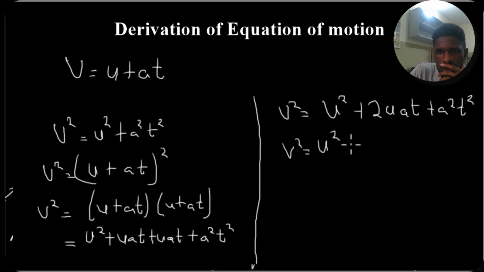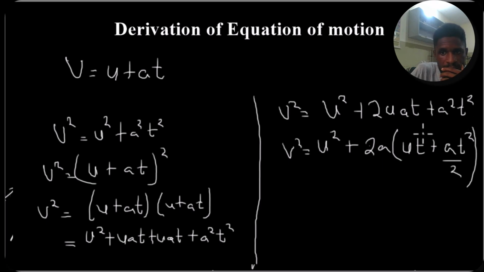Doing that, I can say what is common to this side here. Let me bring out a. So a is common, 2 is also common, so I can say 2a, and bringing it out I'm left with ut plus, because this guy doesn't have 2, I'm still left with at squared, and then I have to divide by 2, because once I expand this bracket, I must get back to where I'm coming from.